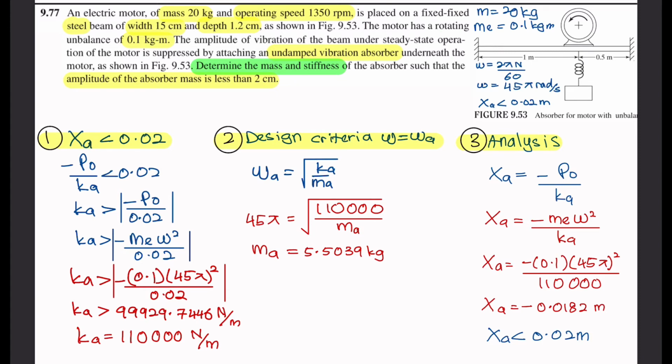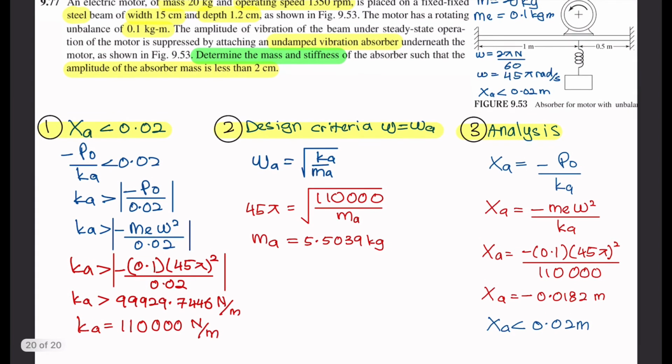So change your force to ME omega square for rotating unbalance, because we don't know the force, where your ME is 0.1 and your omega is 45 pi. Calculate this and you get your Ka to be more than 99929.7446 Newton per meter.